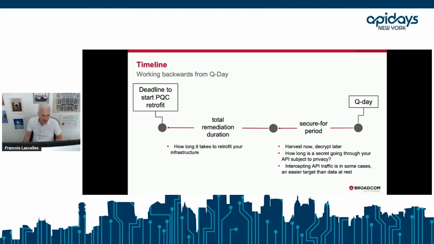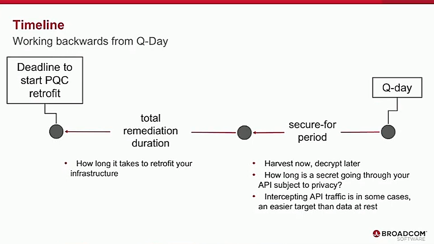The idea is that if you can harvest data that is encrypted and in a few years down the road, you have access to a quantum computer and you can break that data that you harvested years ago. If that data still needed to remain secret for its purposes, you have a breach, right? The API traffic is really an easy target to intercept a lot of that data. So the secure for period would be stuff like that.